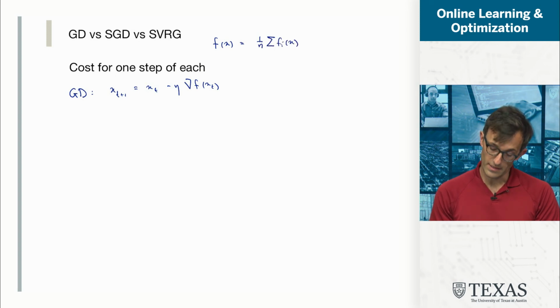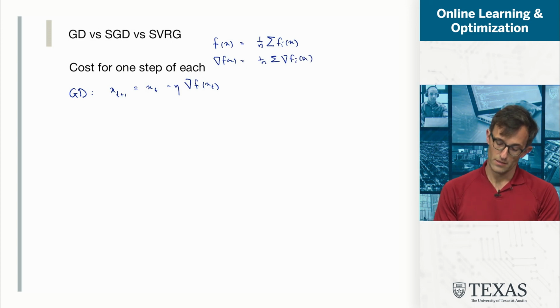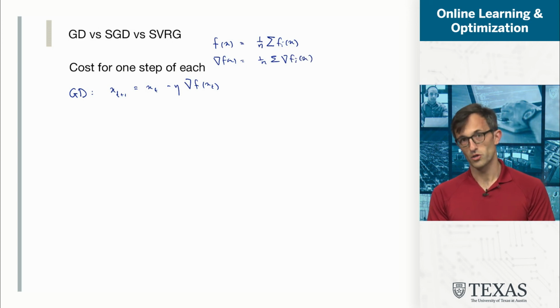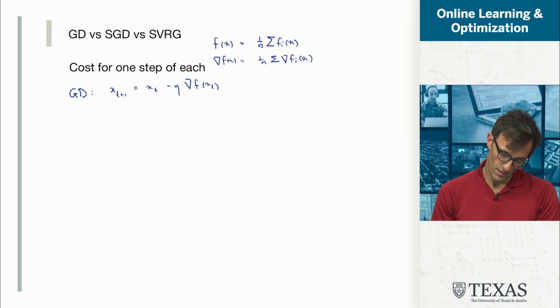And therefore that means that the gradient of f is equal to 1 over n times the sum of the gradient of fi. So that means that one gradient evaluation of the overall full function f requires n gradient evaluations. So one step of gradient descent requires n gradient computations.